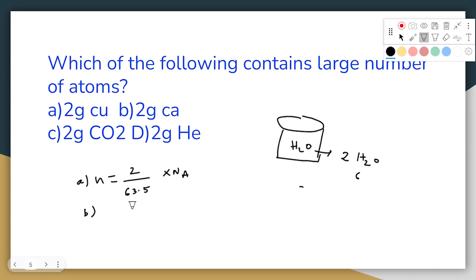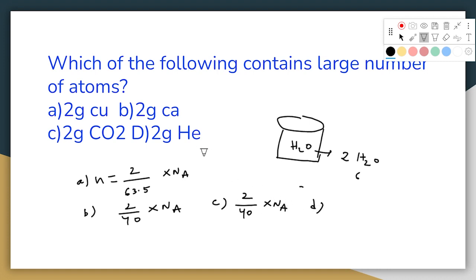Second, B, 2 grams of calcium. How can you calculate the number of molecules? 2 by 40, weight by molecular weight. This is the number of moles, into Avogadro number gives molecules. C, 2 grams CO2. Again, 2 grams weight by 44 gram per mole. This is the number of moles into Avogadro number, so this is the total number of molecules.